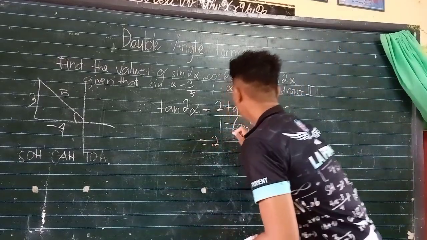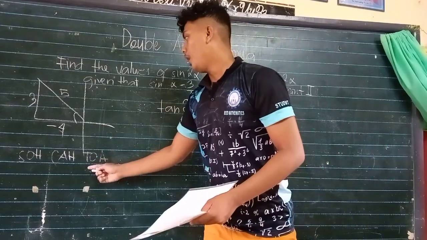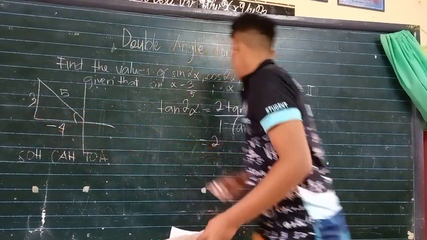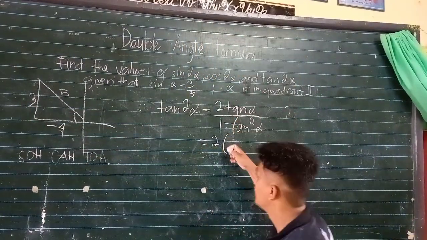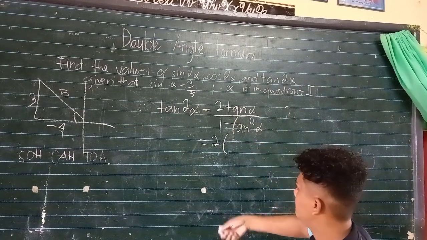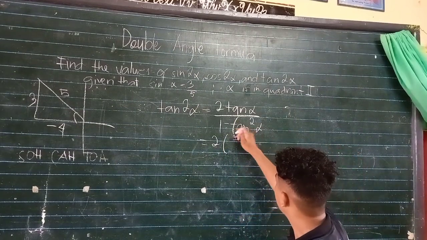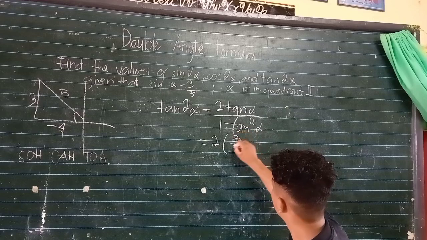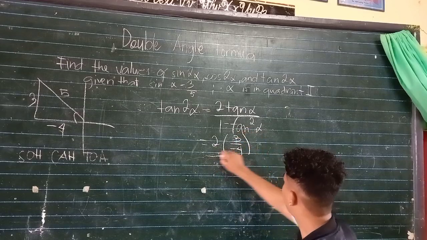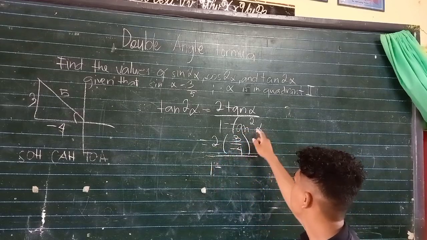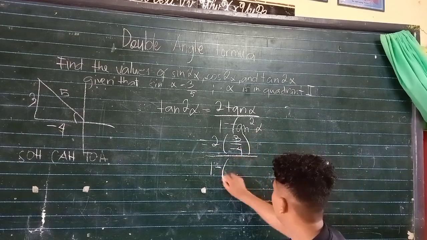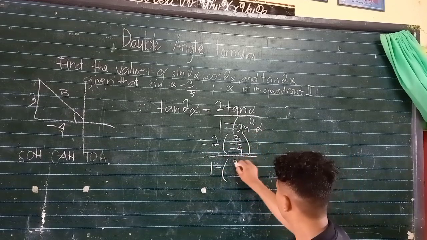Tangent is opposite over adjacent, 3 over negative 4. So negative 4 over 1 minus 3 over negative 4, squared.